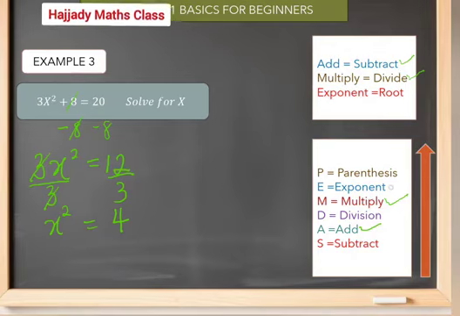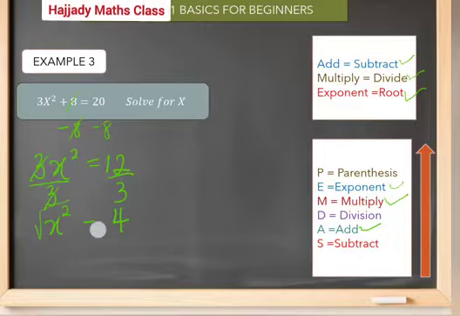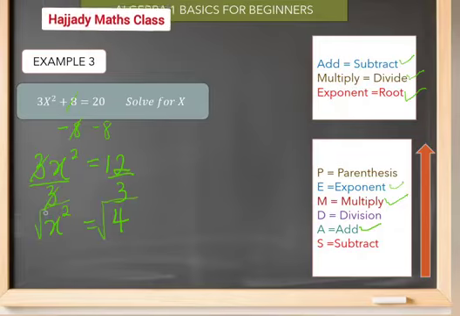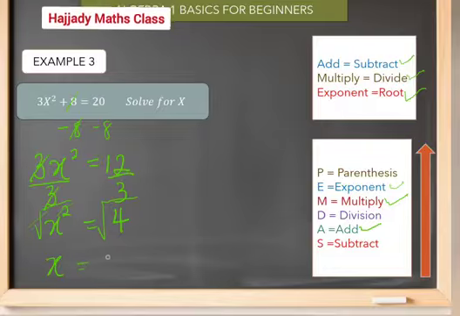Now, going up, do we have an exponent? Yes. The exponent here is the 2. So if you have an exponent, what do you introduce? You introduce the roots. That is, you square root both sides. If you square root both sides, the rule of mathematics says that the square root will cancel out the square. Here we have x. And what is the square root of 4?